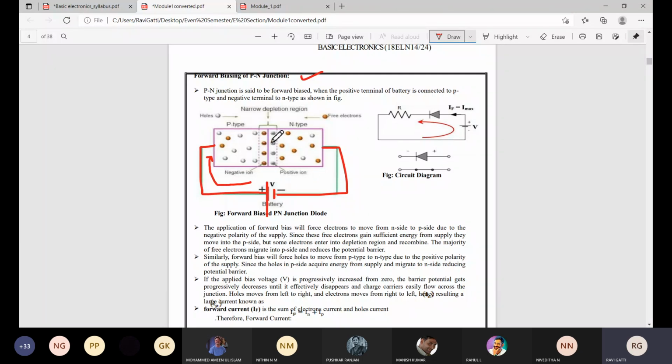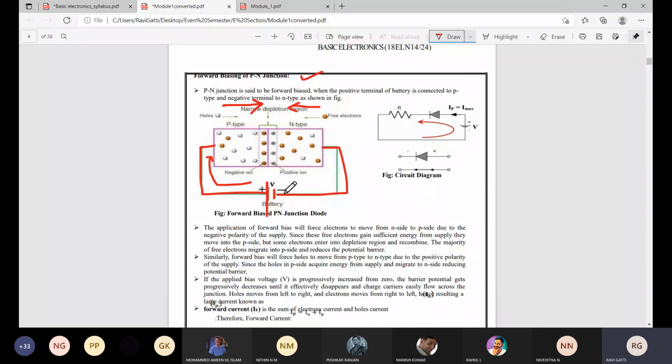Positive applied to positive means they will repel each other, so the holes will start to flow in this direction. And since we are applying negative to negative, the free electrons will also try to move in the opposite direction.